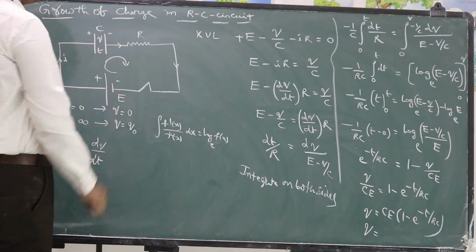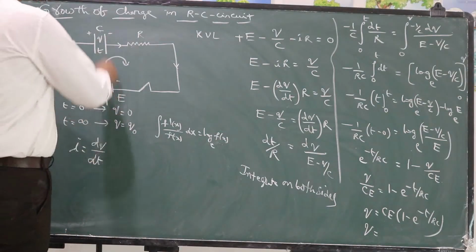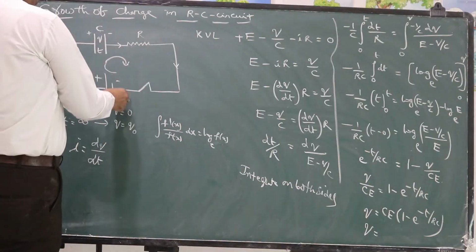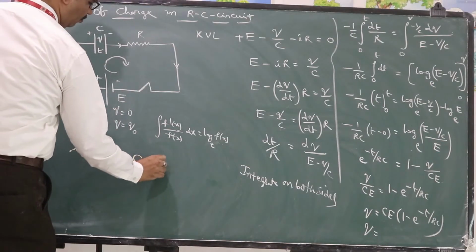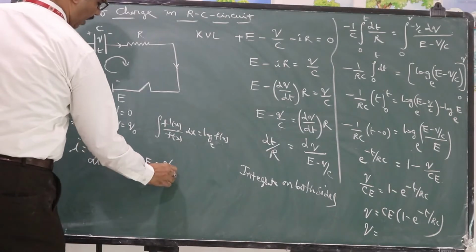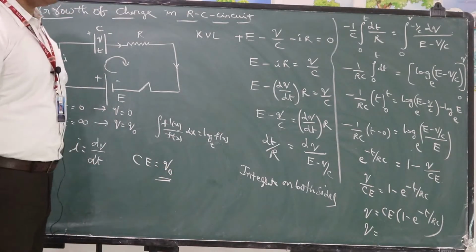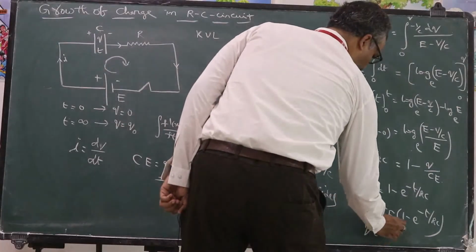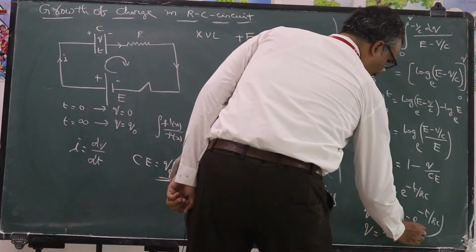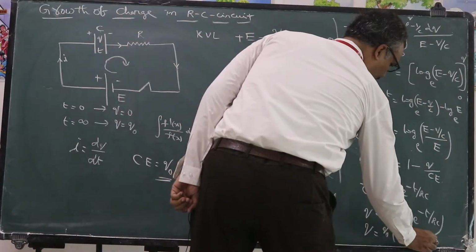Capacitance into potential will give the charge. So this is the capacity into potential. CE will give the charge, nothing but the maximum charge that can be stored in the capacitor. So you can write it as Q naught into 1 minus e power minus t by RC.